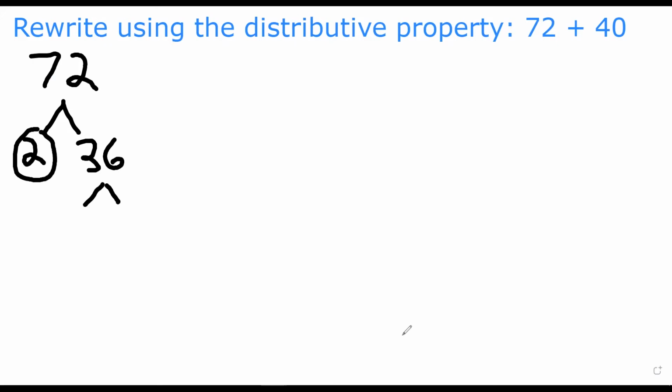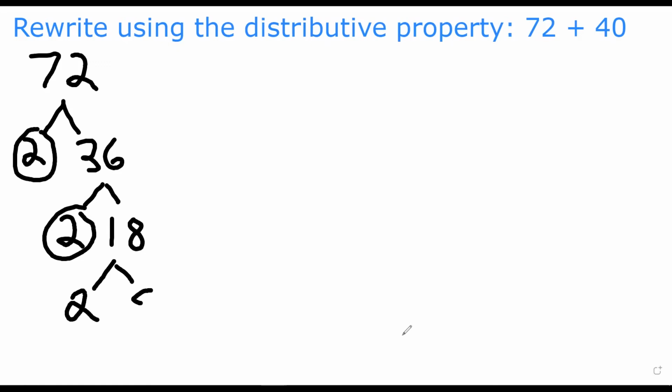What are some factors of the number 36? Again, if we try dividing it by 2, we would find that 2 times 18 is 36, and we can circle the number 2 again. Then let's continue with 18. What factors can you think of for the number 18? We can do 2 and 9.